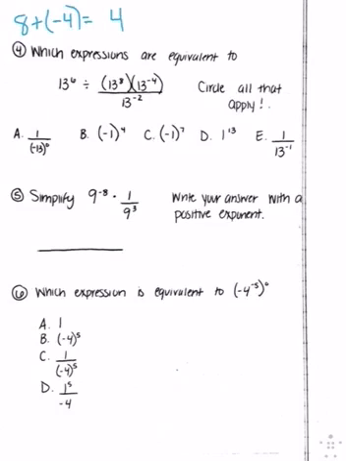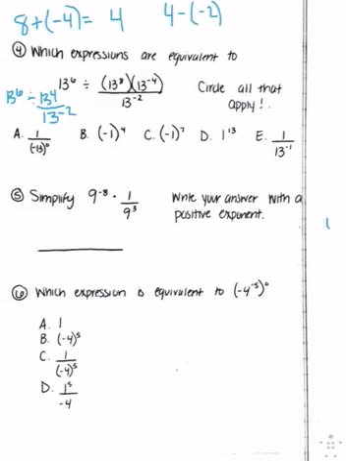My new problem is 13 to the 6th divided by 13 to the 4th over 13 to the negative 2nd. Now we're dividing, so I'm going to go ahead and divide and subtract my exponents. 4 minus negative 2. For all subtraction problems, we're going to keep change.